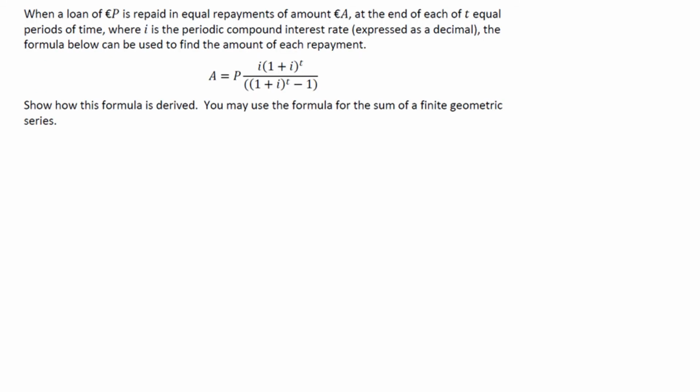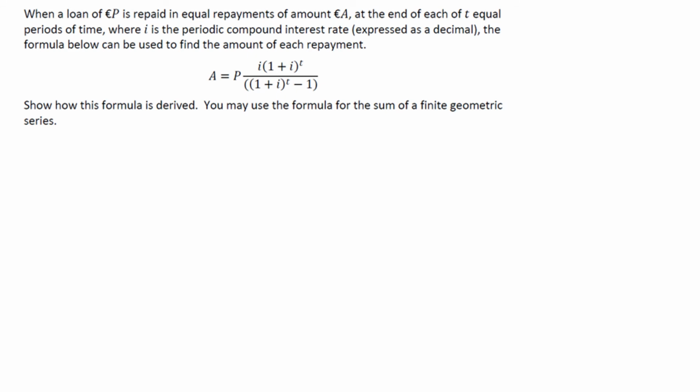We're going to now look at how we would figure out that formula from just a normal sequence. This was asked on a paper. And it says show how the formula is derived. There is no formal proof for this. This is simply setting it up as a geometric sequence and working with it. A little bit harder than usual because it will all be in terms of letters, but let's give it a go.